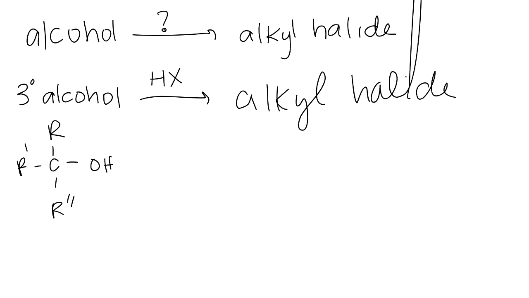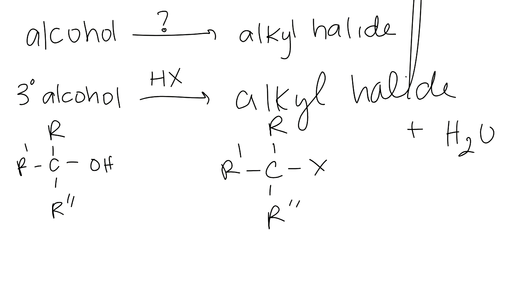So, in the case of what we have here, our alkyl halide would be CX and then all of our R's. So everything else stays the same, except we're kicking off that OH and we're adding that X. So that means that our other product here is going to be water. So if you see a tertiary alcohol, you're going to add HX to make an alkyl halide and water.